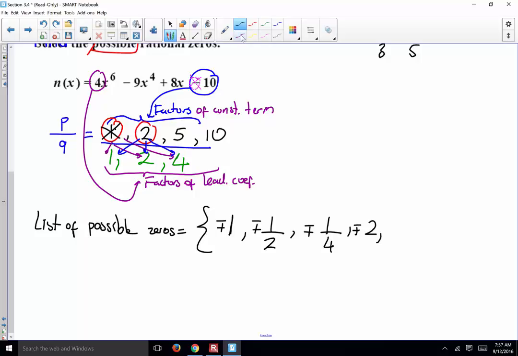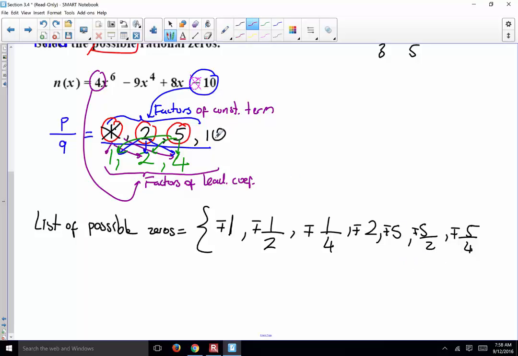Let's go to 5. 5 goes into 1, 5 goes into 2, 5 goes into 4. I think they're all brand new, right? Plus minus 5, plus minus 5/2, plus minus 5/4. Okay?